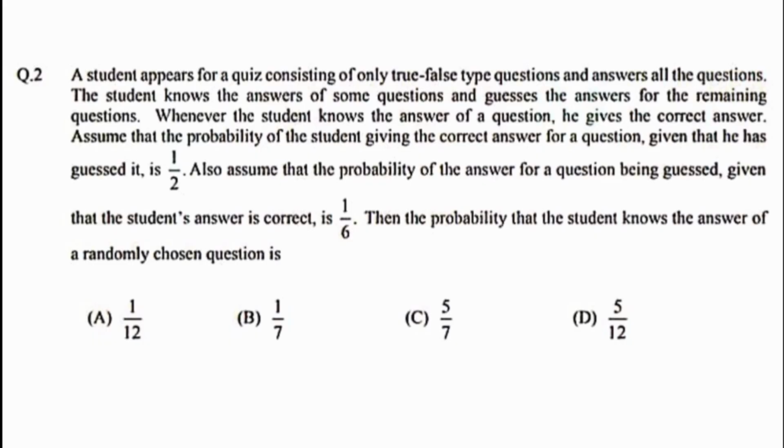Also assume that the probability of the answer for a question being guessed, given that the student's answer is correct, is 1 by 6. Then find the probability that the student knows the answer of a randomly chosen question. And there are 4 options. Only one answer is correct because it is from section 1.